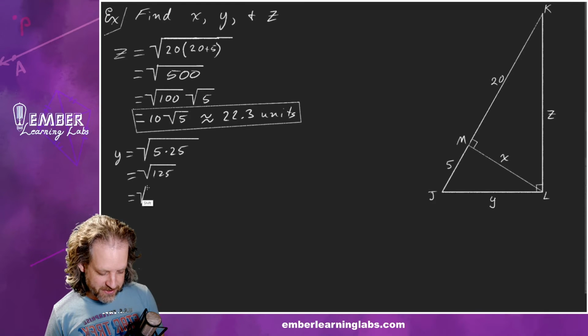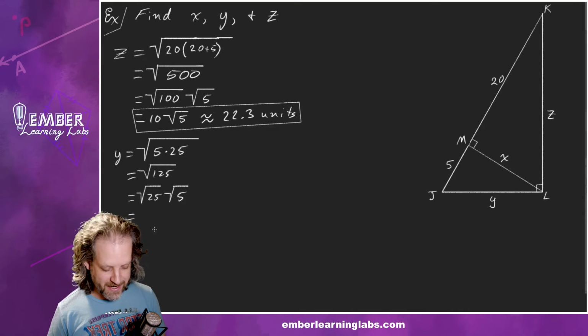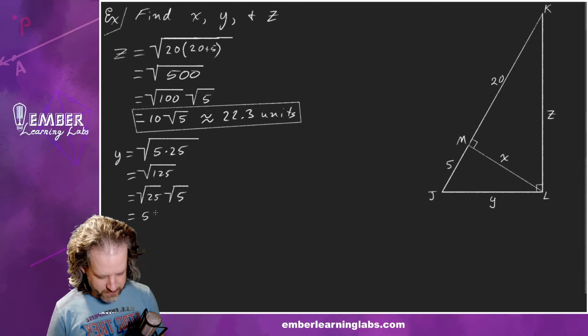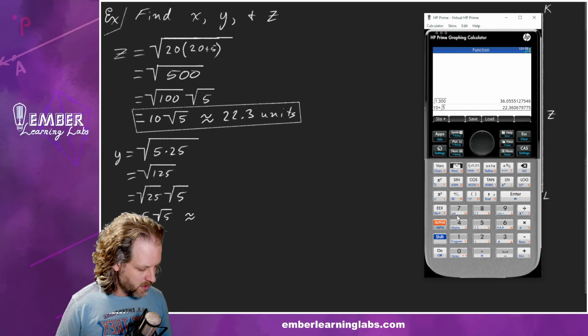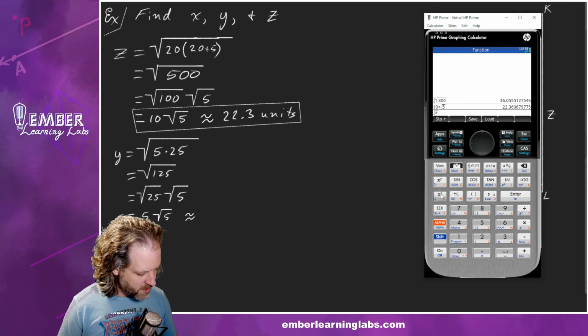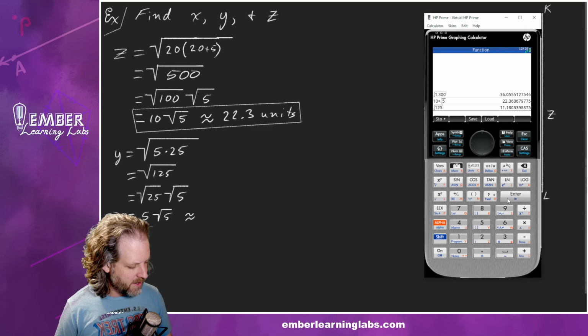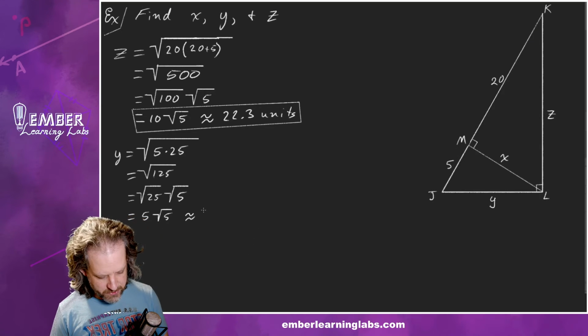So we can split this into the square root of 25 times the square root of 5. So this equals, square root of 25 is 5, times the square root of 5, which is approximately equal to the square root of 125, or 11.2 units.